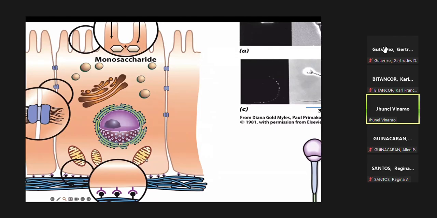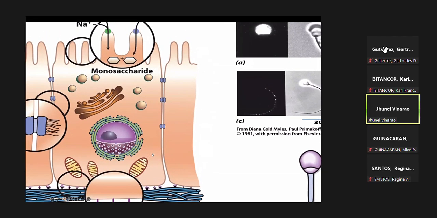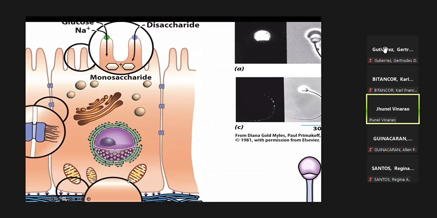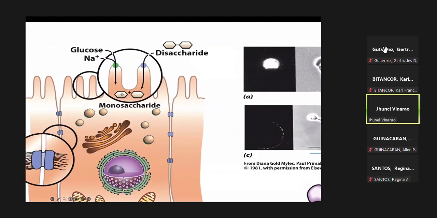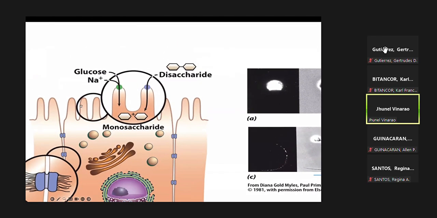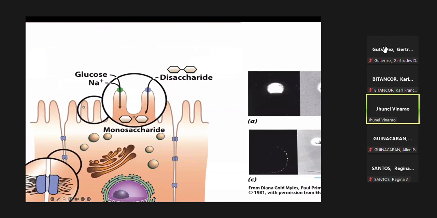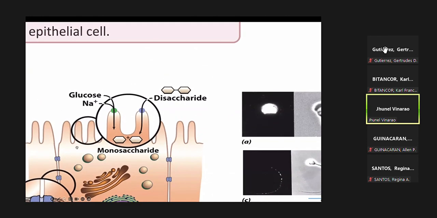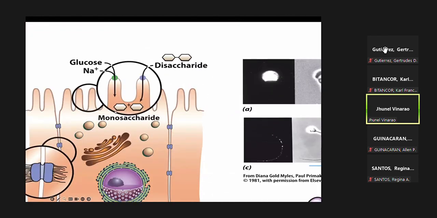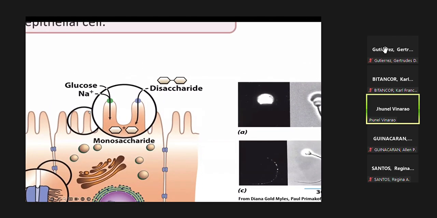And as they undergo meiosis, magmo-move sila from basal pababa sa lumen. Kapag spermatozoa na sila, kapag mature sperm na sila, ano mangyayari? Lalabas na sila, no? They will just dissociate themselves from the cell, papasok dito sa lumen, and from the lumen magta-travel na sila sa seminiferous tubule and travel outside of the body after ejaculation.